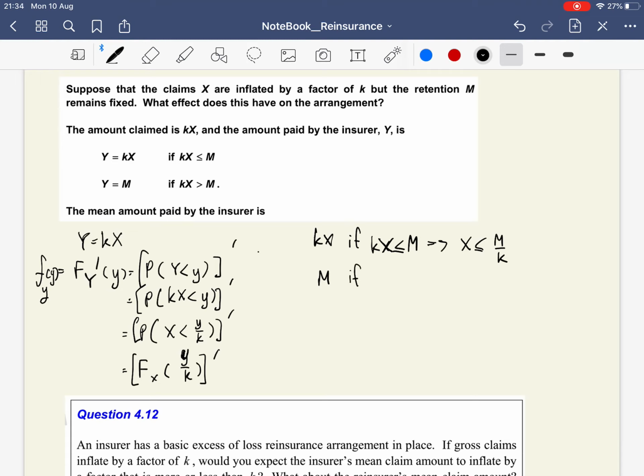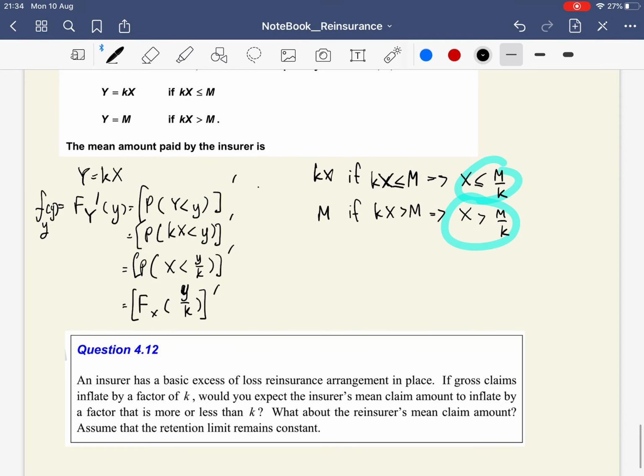And the payment of m if kx is greater than m, or we could say x is greater than m over k. So we just change the boundary of the integral to here, and then we don't have to find the new distribution.